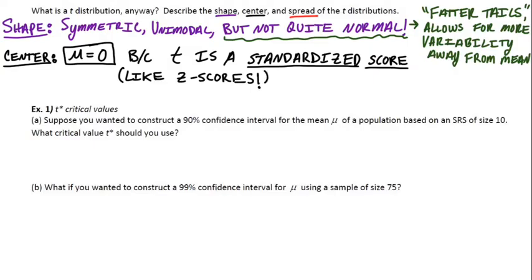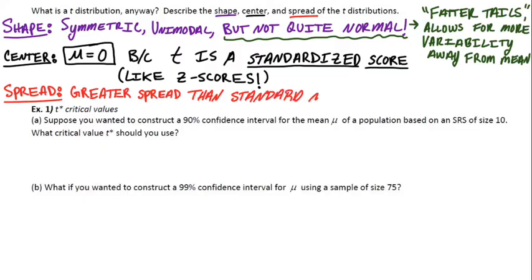And if you remember the z-score formula, we subtract the mean, divide by the standard deviation. That turns everything into a standardized score. So the distribution itself is centered at 0. And as for the spread, we know it's greater, right? It has greater spread than the standard normal curve. We saw that in the graph, right? And that refers to the thing having heavier tails.